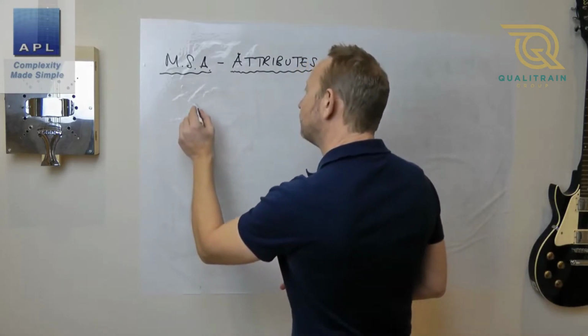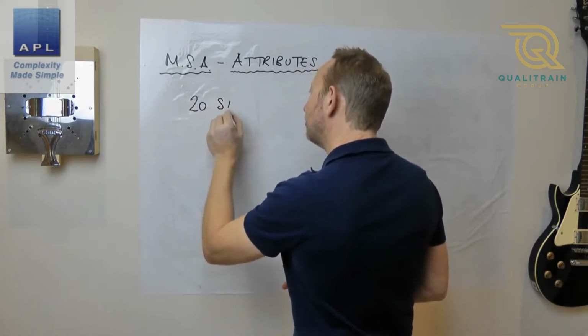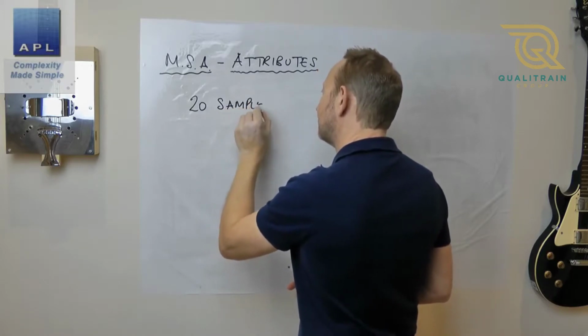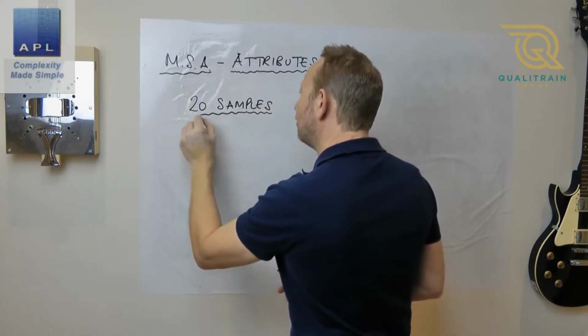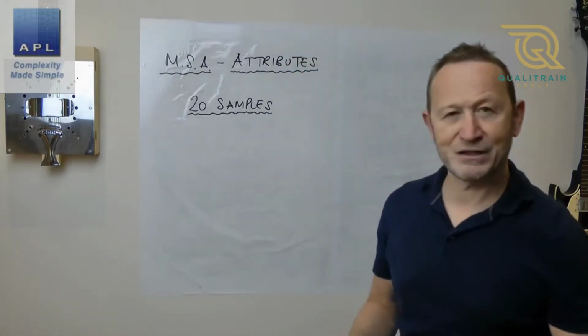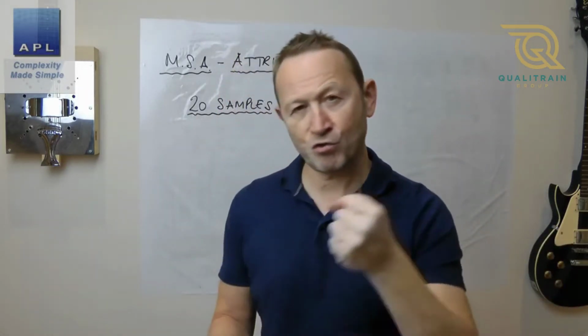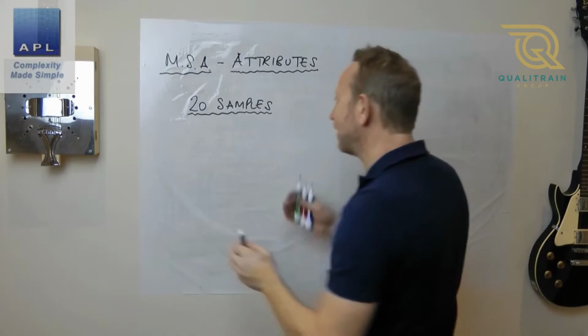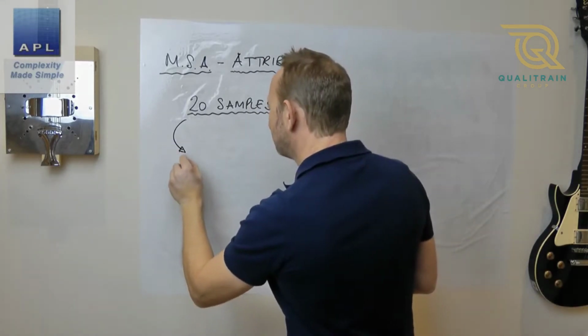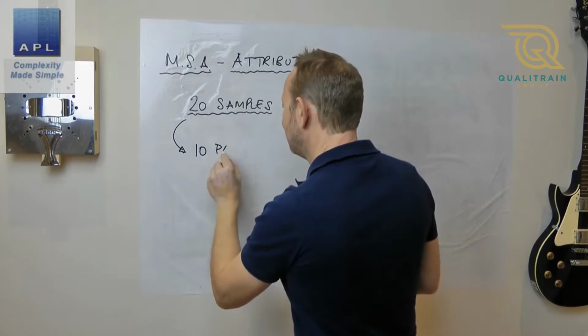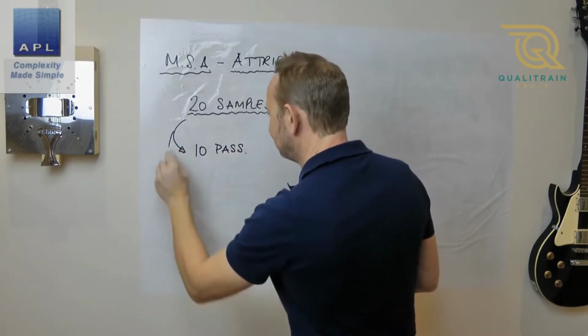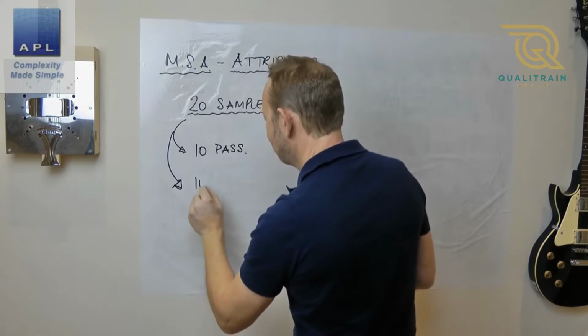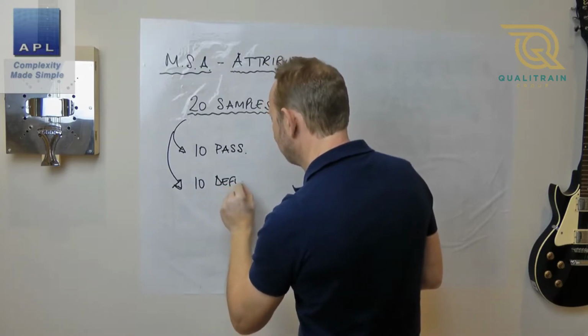Now normally what we do is we get 20 samples, and unlike the other MSA, the MSA for variable data, where you would randomly select the samples, what you're going to do here is actually specifically select the samples, because for the 20 samples they must be 10 that pass and 10 which are defective.